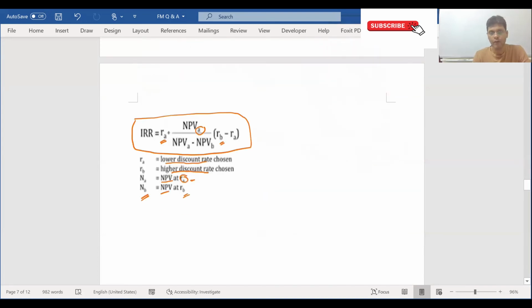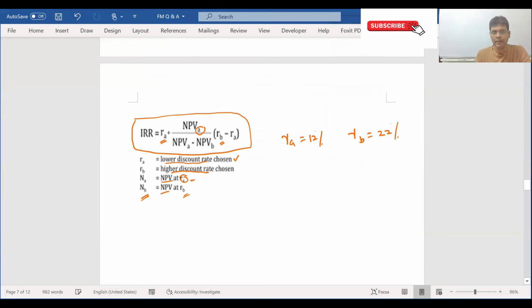What is RA? That is the lower discount rate, which is 12%. What is RB? Which is the higher discount rate.